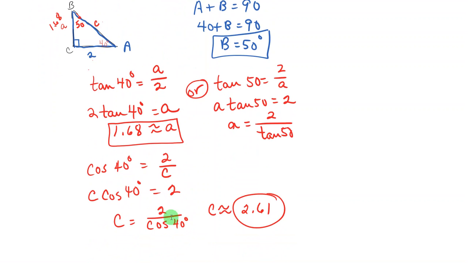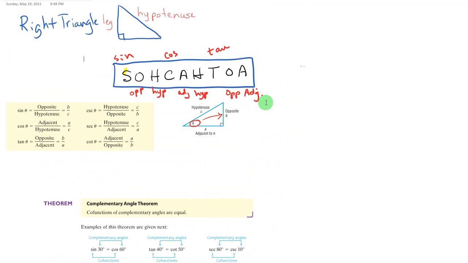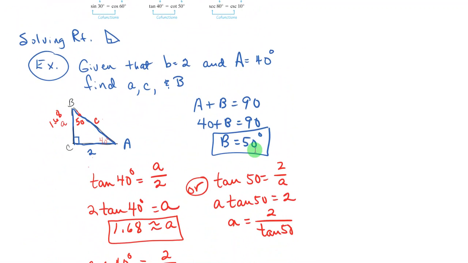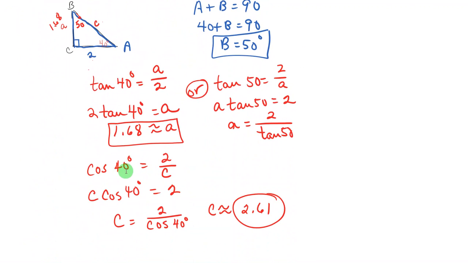All right, now looking at 40, if we're trying to get c, we have adjacent and we have hypotenuse. Remember adjacent and hypotenuse? Right here, cosine. So you want to write a statement. Cosine of 40 is equal to 2 over c. Multiply c over here. Then you're going to have to divide by the cosine 40.